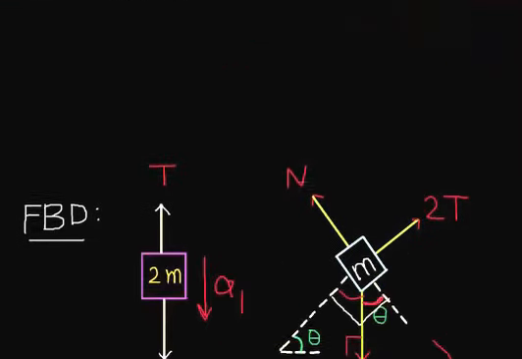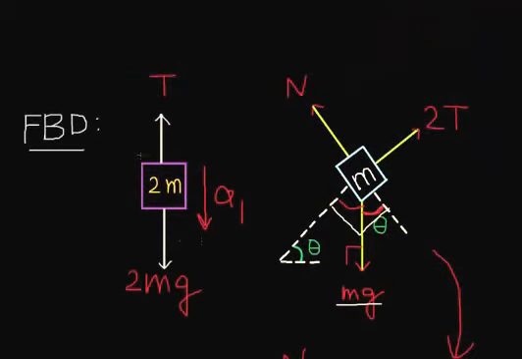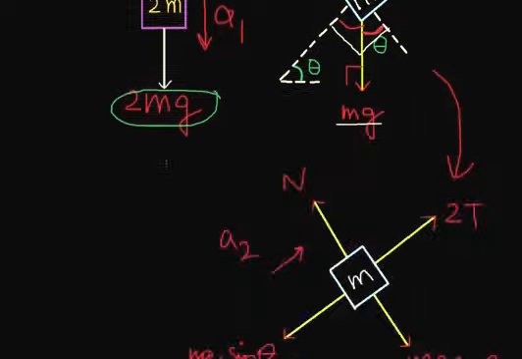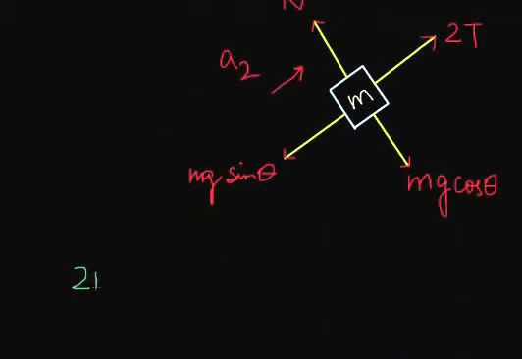Now we have to form the force equations from the free body diagrams. In this free body diagram of block 2M, the block is going downwards. So we can say that the 2mg force is dominating the tension. So the total force on the block is 2mg minus t.